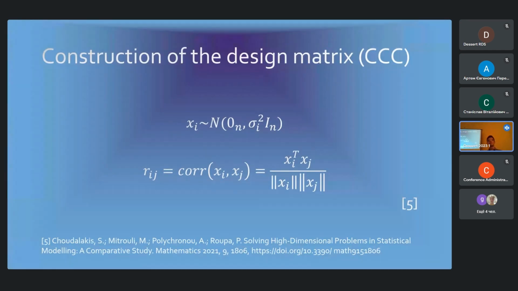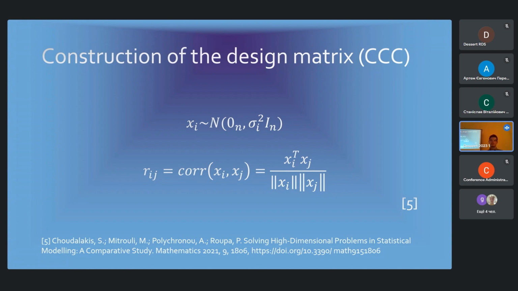Now let's head on to the construction of the design matrix, which we haven't talked about so far. We have the first method out of 4 in total, which is the column correlated covariates.